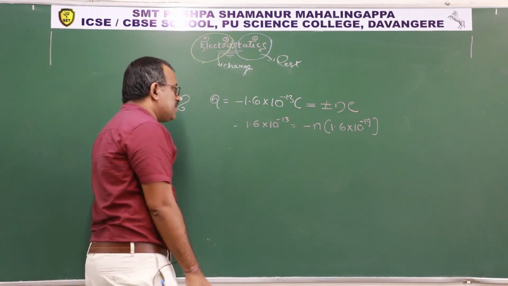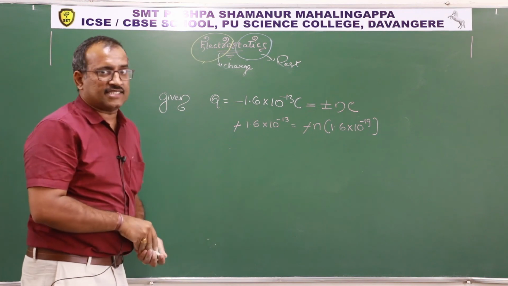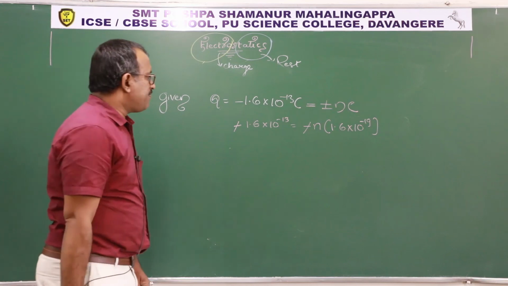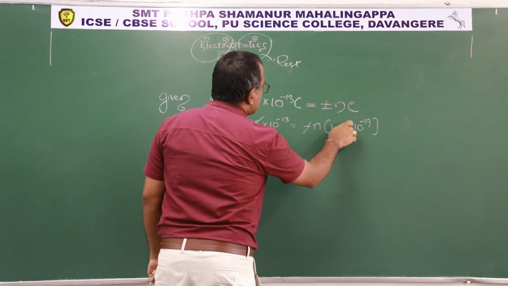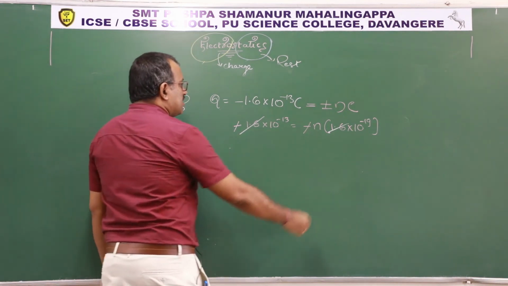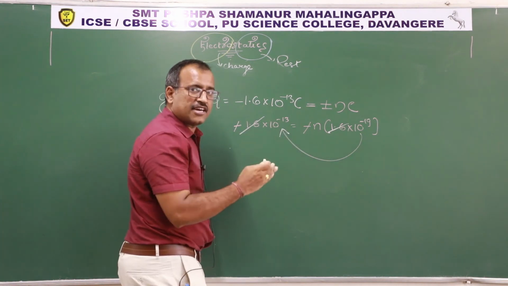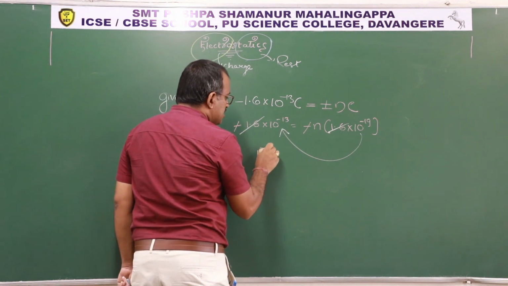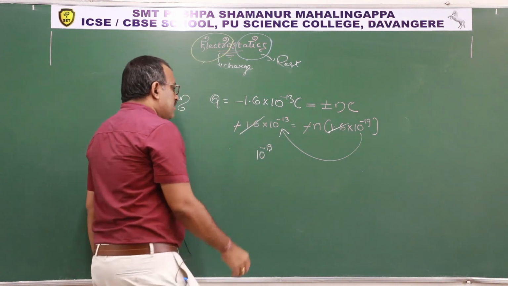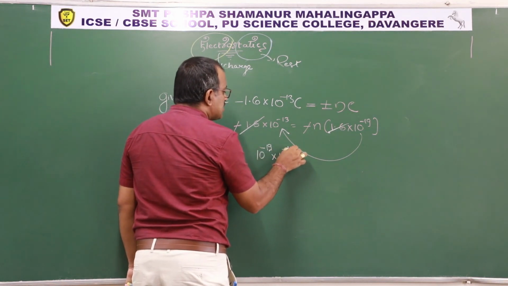Then minus gets cancelled. 1.6, and this 10 power minus 19 comes to this side over 10 power minus 13.